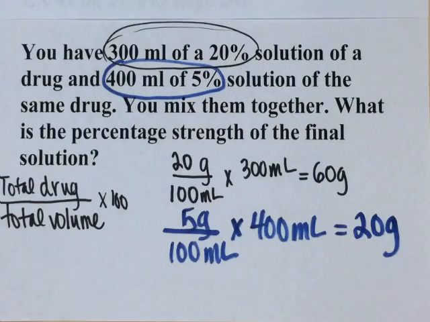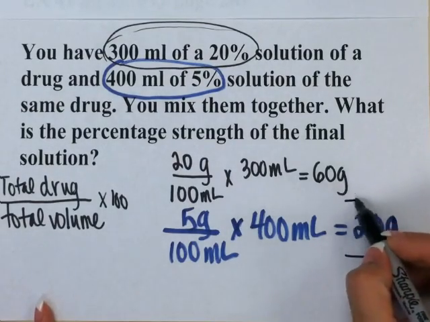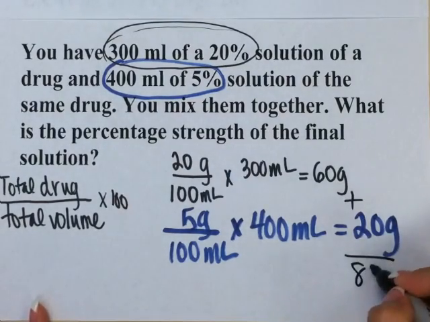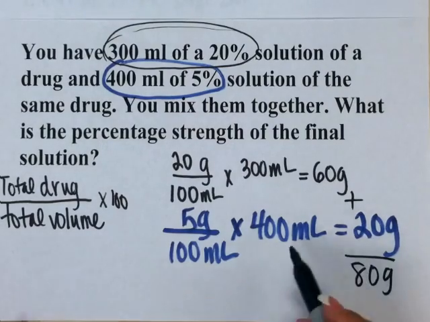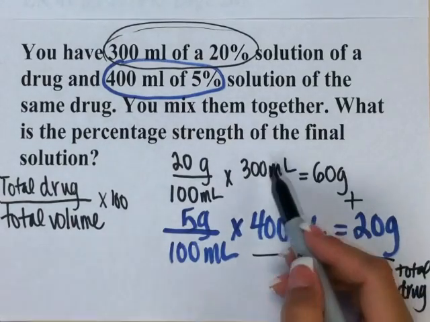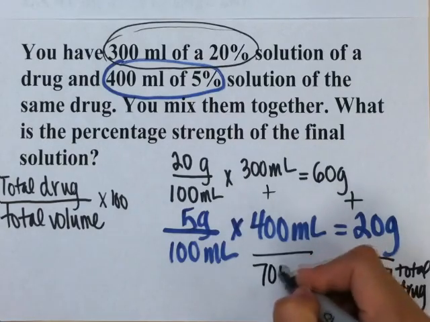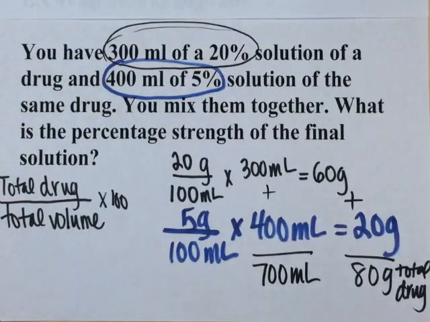So what we have here is the total drug that we have, this 60 plus this 20, we have 80 grams of drug total. And the volume that we have here is 300 plus the 400, so we actually have 700 mLs total here.